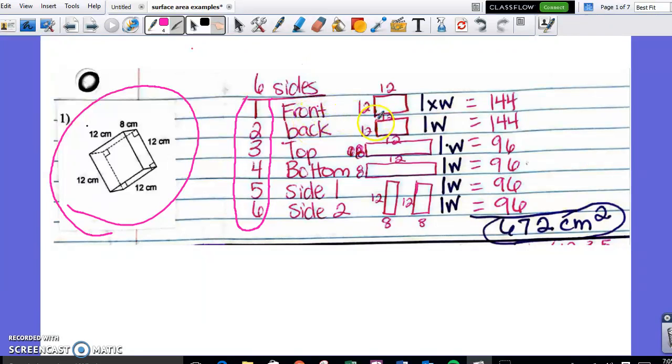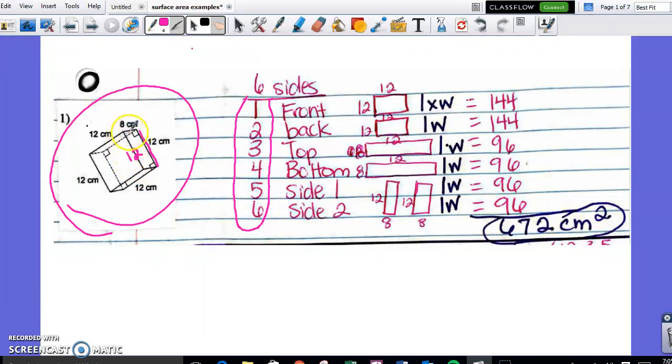And so I just do 1 through 6. The front and the back of this figure are the same. Length times width, because all of these are rectangles. And then I just go through and put down the measurements that I know. Another tip that might help you is if you see that this is 12, then this line right here is also going to be 12, and you could write that in.